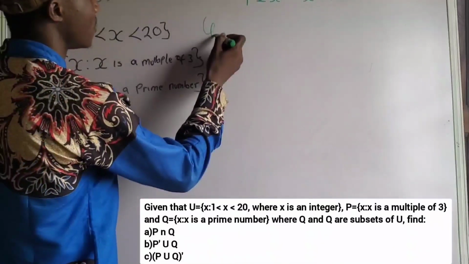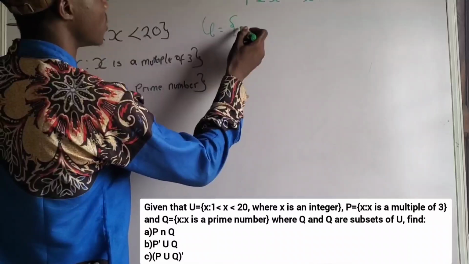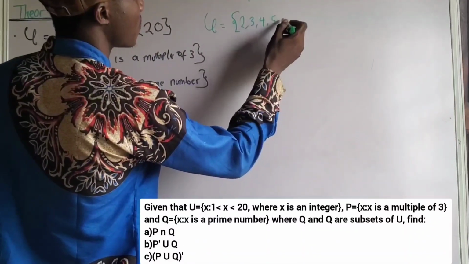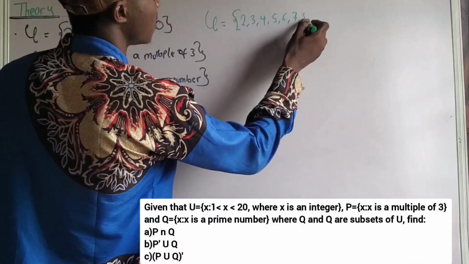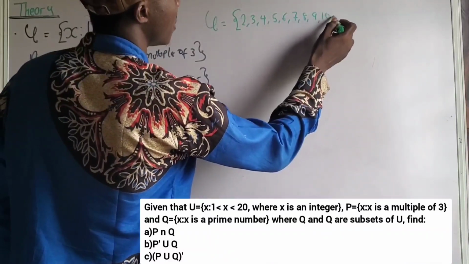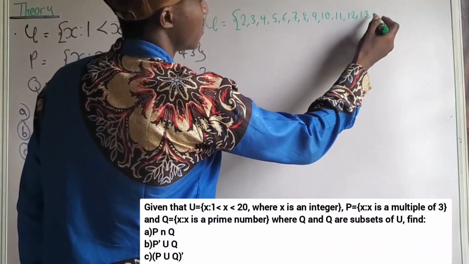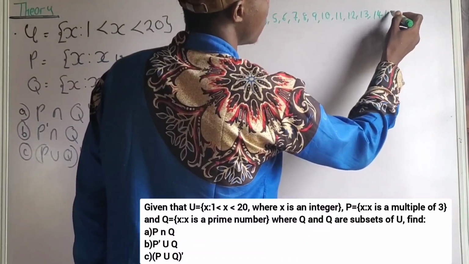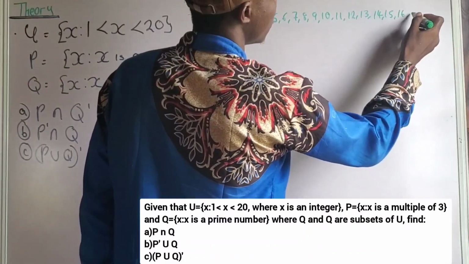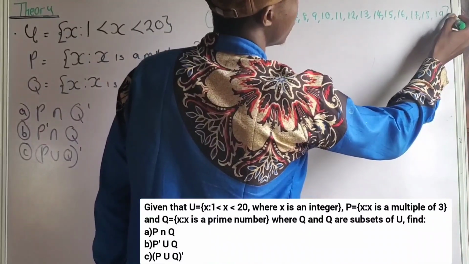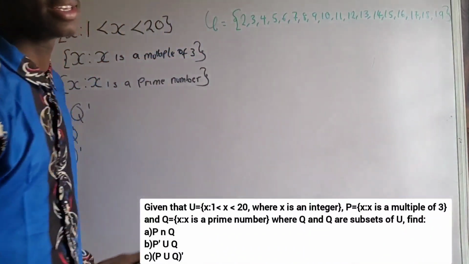The universal set contains all these elements: 2, 3, 4, 5, 6, 7, 8, 9, 10, 11, 12, 13, 14, 15, 16, 17, 18, and 19. These are the elements inside the universal set.